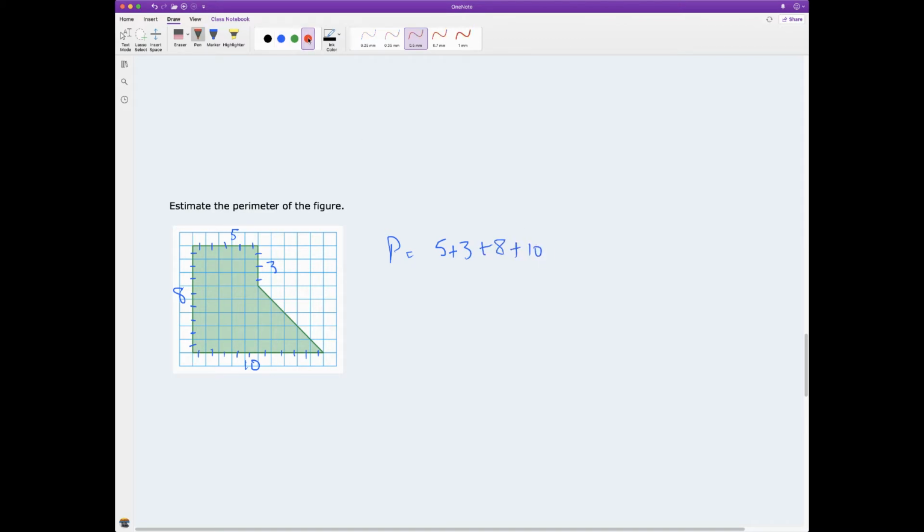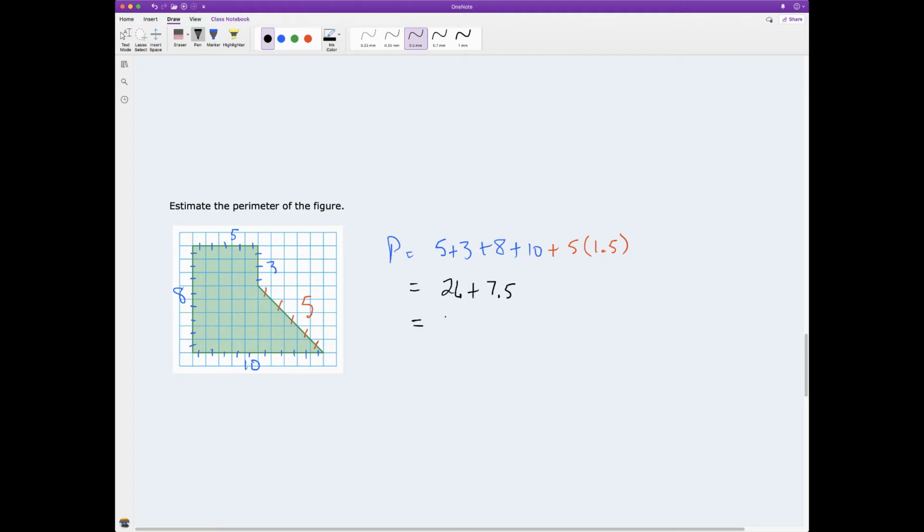Now I also have to count the diagonals: 1, 2, 3, 4, 5. So there are 5 of these diagonal marks, so I need to add 5 times 1.5. This should equal 5 plus 3 is 8, 8 plus 8 is 16, plus 10, that's 26, plus 5 times 1.5 is 7.5.